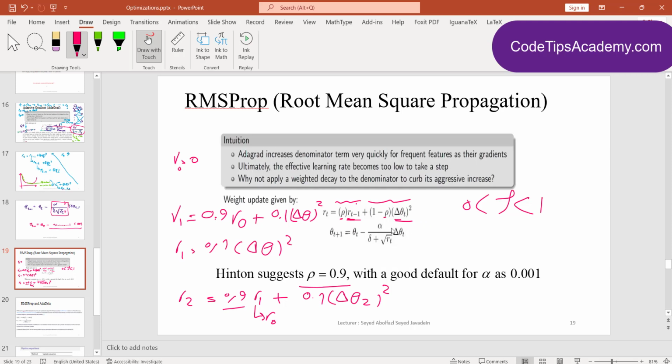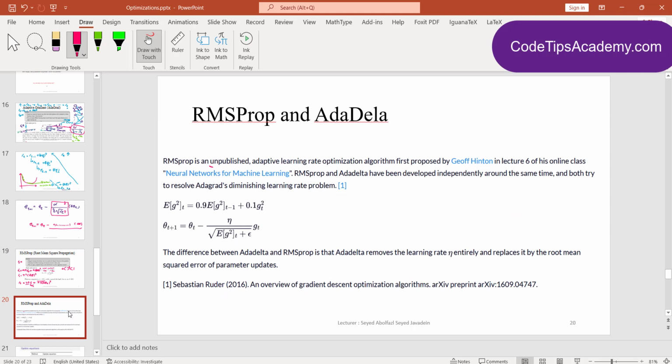After that, we make it a little smaller, and this can help us escape from the problem in AdaGrad, vanishing gradient.